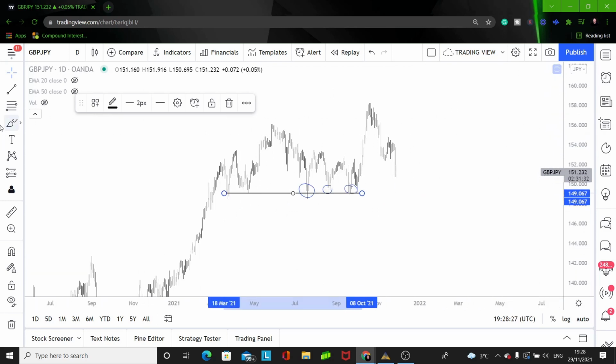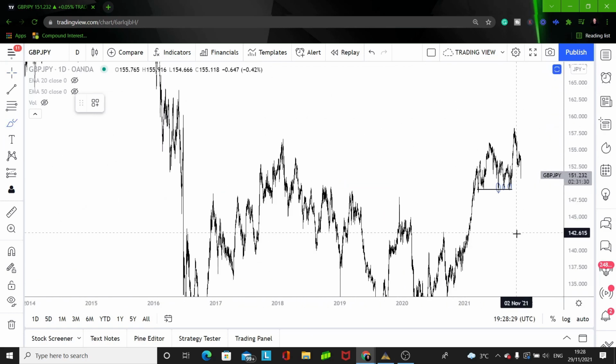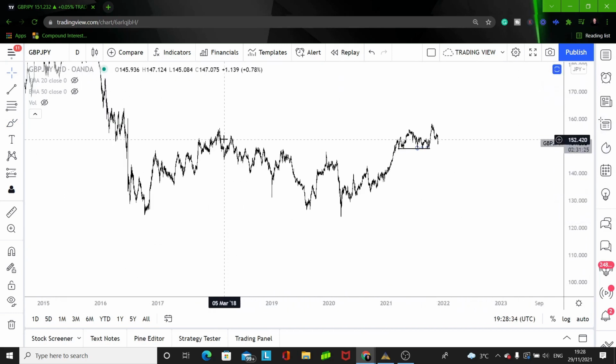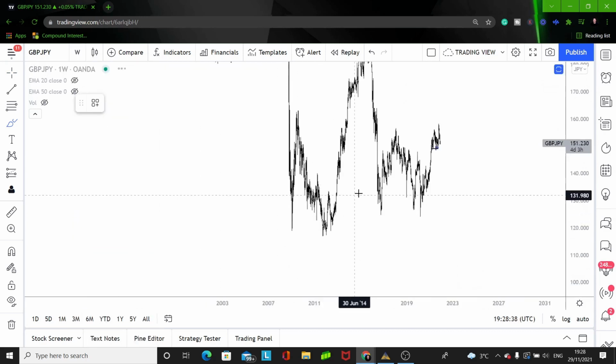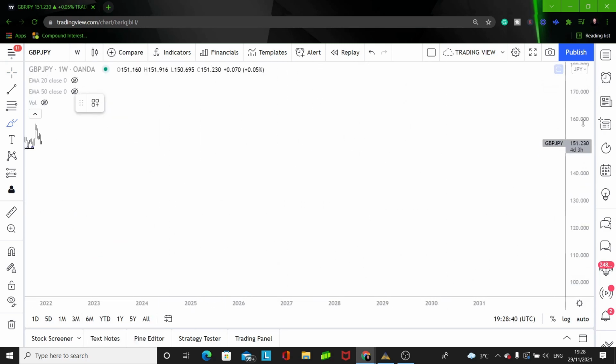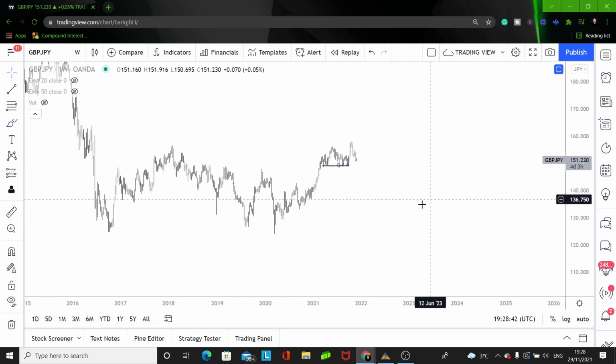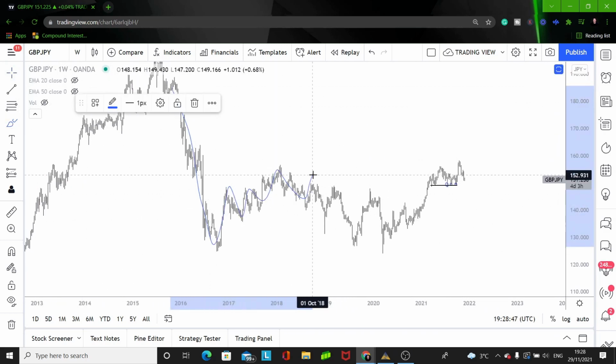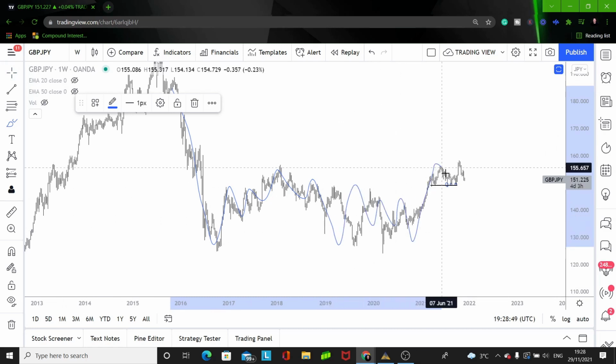So just a reaccumulation schematic as part of, if we were to move out to the weekly or even monthly, a higher time frame accumulation.